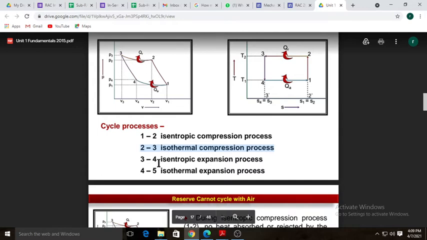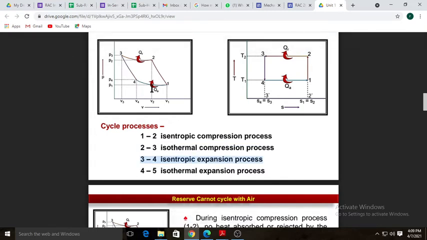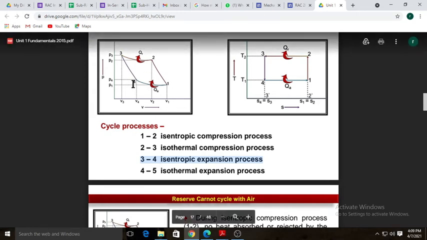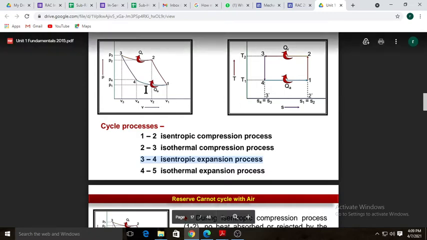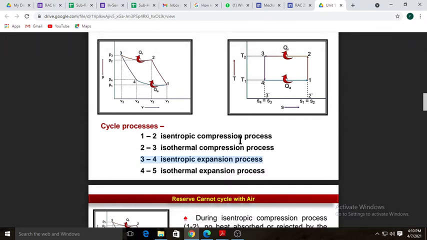Process 3 to 4 is the isentropic expansion process, and process 4 to 1 is the isothermal heat addition or isothermal expansion process. Normally, compression and expansion take place isentropically and isothermally.